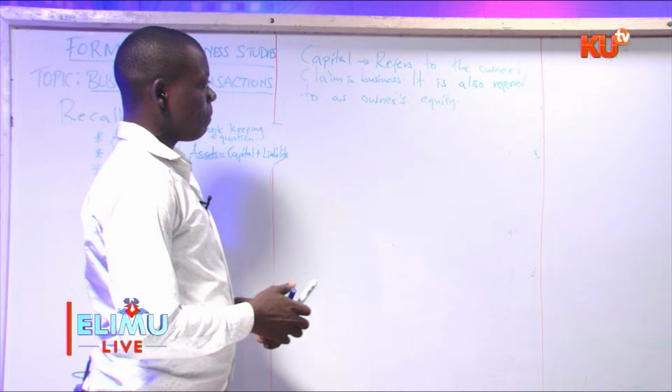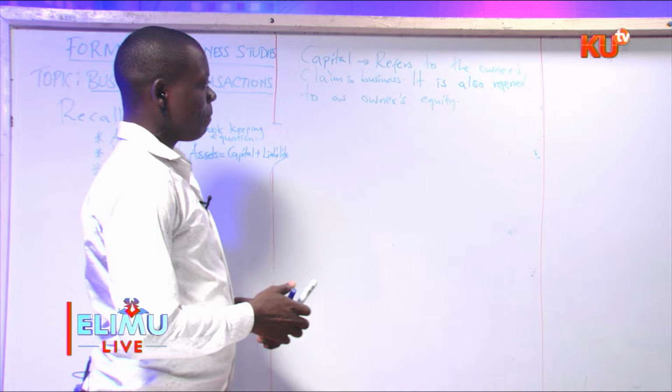And then we give short-term liabilities. There are many short-term liabilities. You can give an example of the creditors and the bank overdraft.